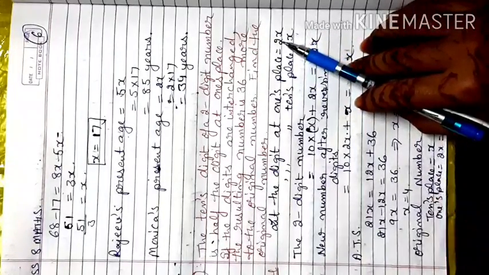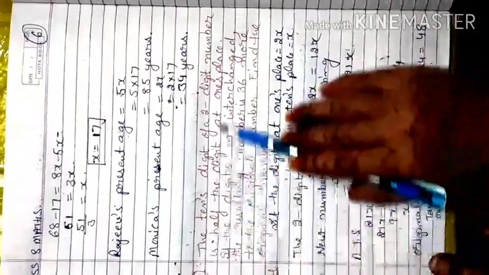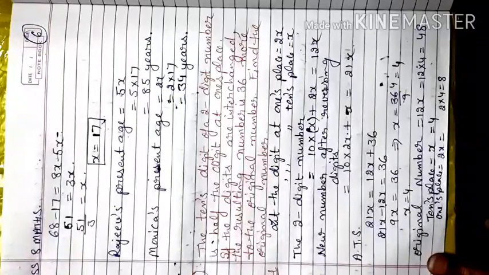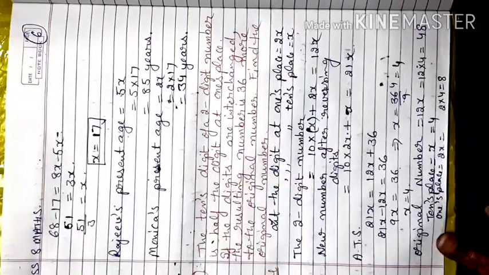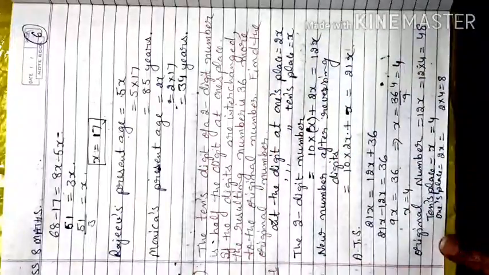When you divide 2x by 2, that gives you x. You can also consider this statement as the ones place digit being 2 times the tens place digit.